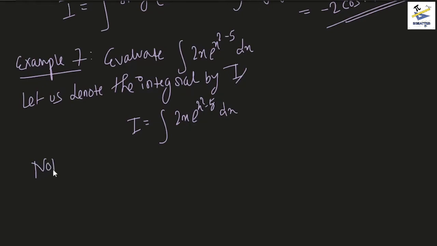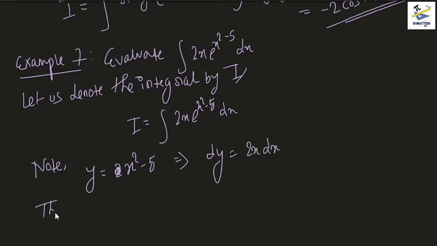Note that in this integral, since the derivative of x square minus 5 is just 2x, what we can do is let y equal x square minus 5, which should give us dy equals 2x dx, right?